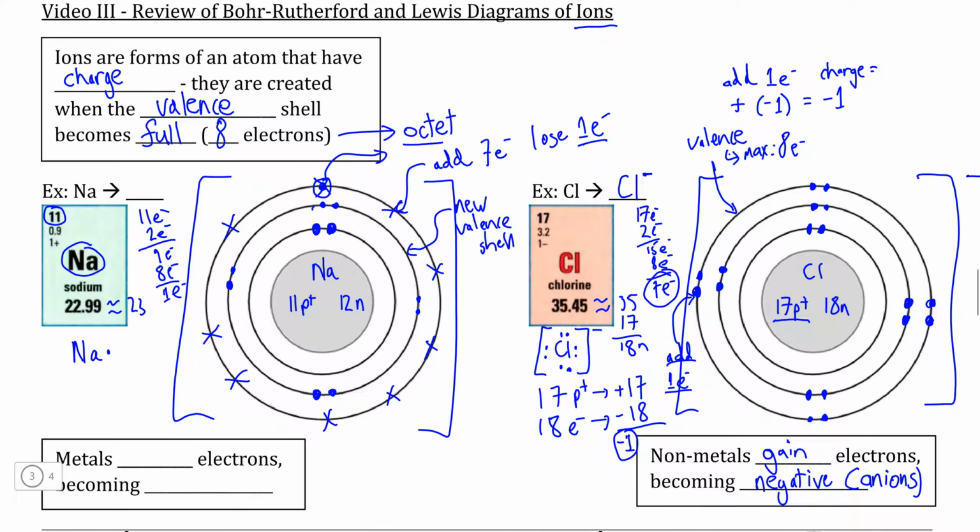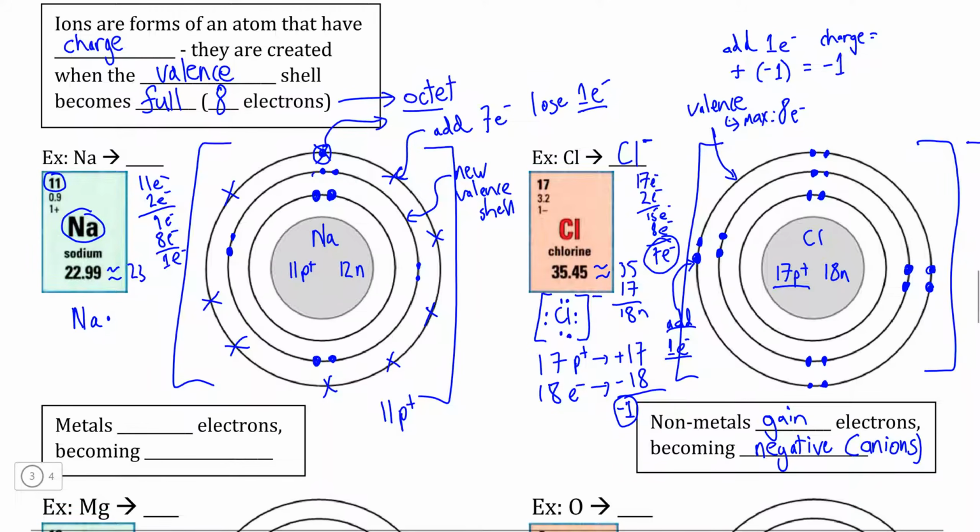We can find the charge by looking at the number of protons and electrons. Sodium's nucleus still has 11 protons, but because it has lost 1 electron, it only has 10 electrons, and positive 11 minus 10 is equal to a charge of positive 1.